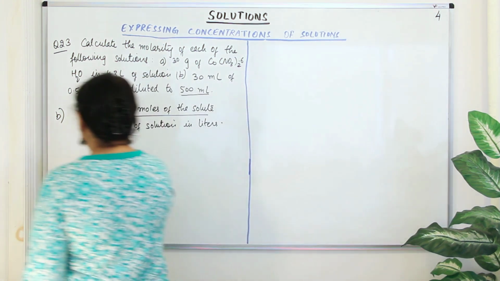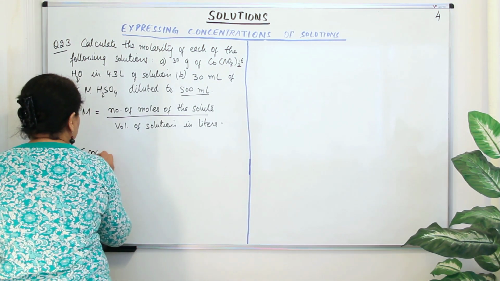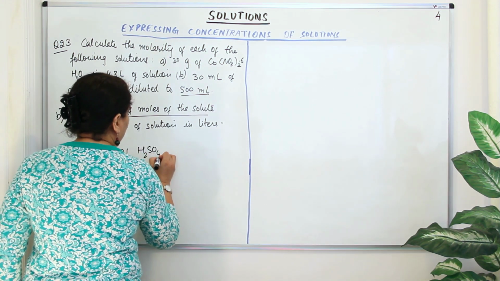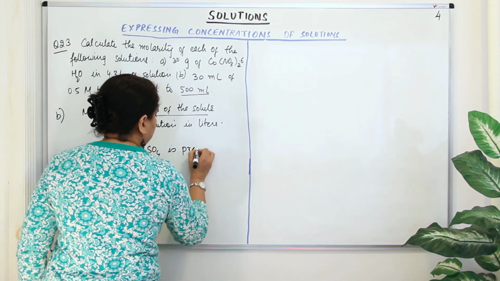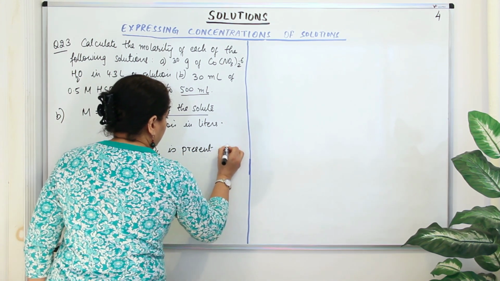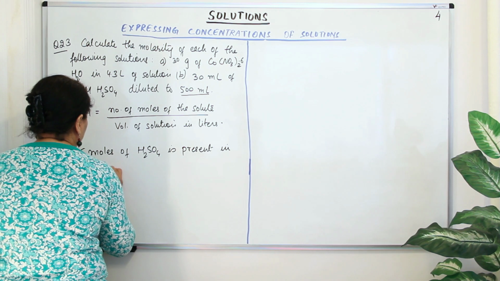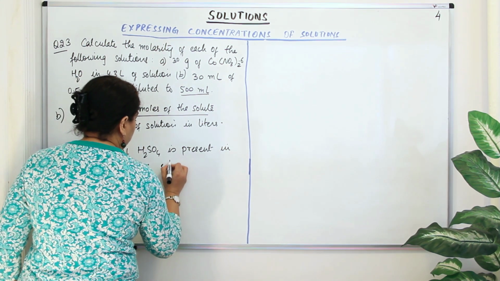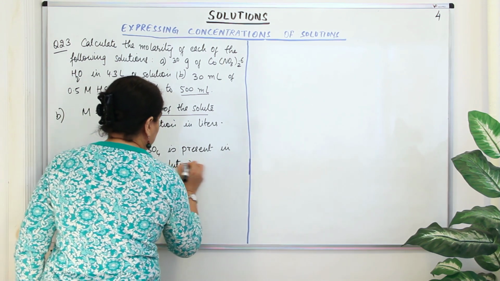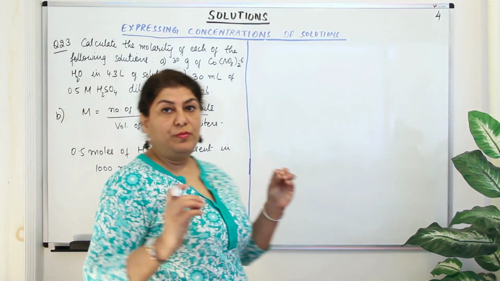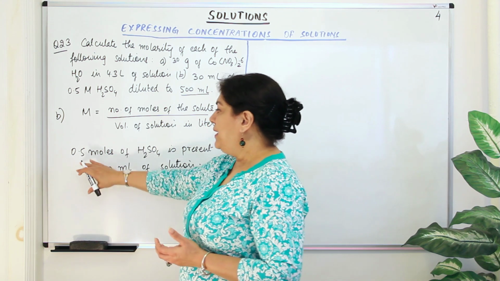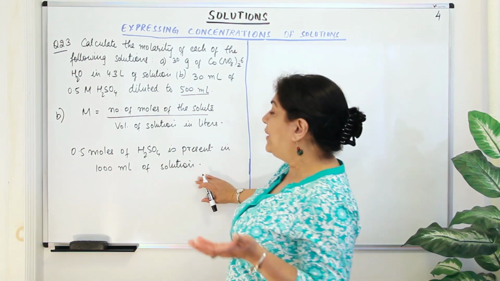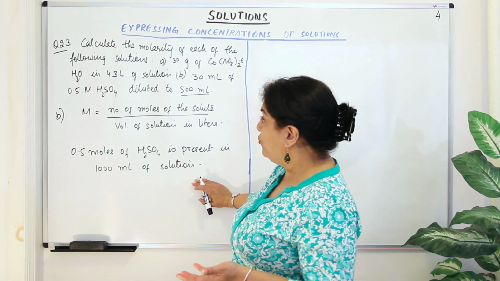It means that 0.5 moles of H2SO4 is present in 1000 ml of the solution. Right? When we say it is 0.5 molar solution, it means that 0.5 moles of H2SO4 is present in 1000 milliliters of the solution.